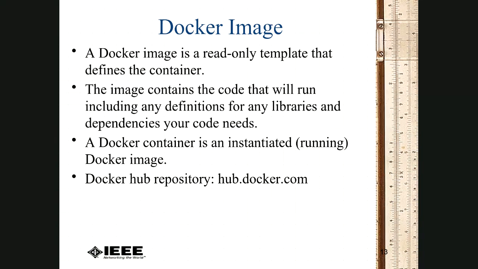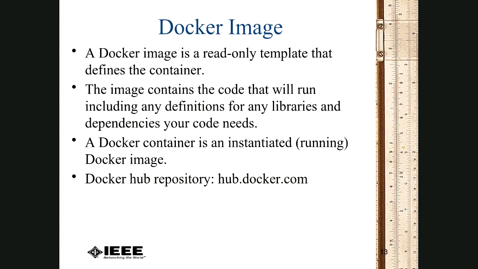A Docker image, or simply image, is a read-only template that defines the container, meaning what is inside the container. Inside the container, we have an image. The image actually contains the code that will run your application program. Suppose you have a simple Python program.